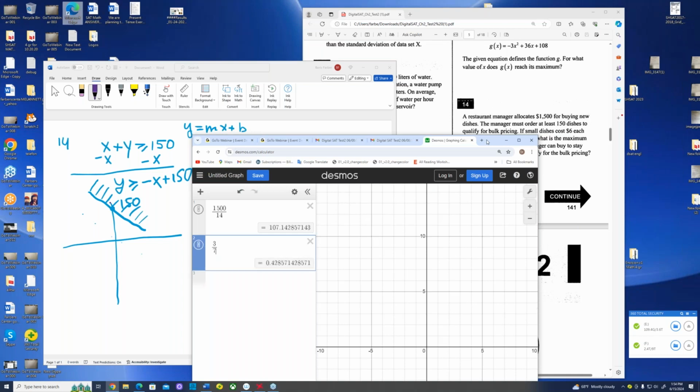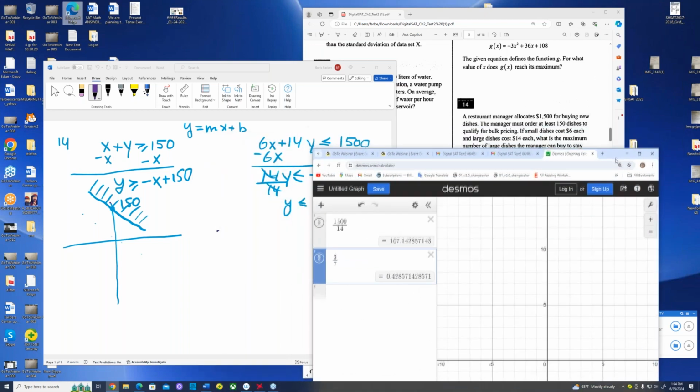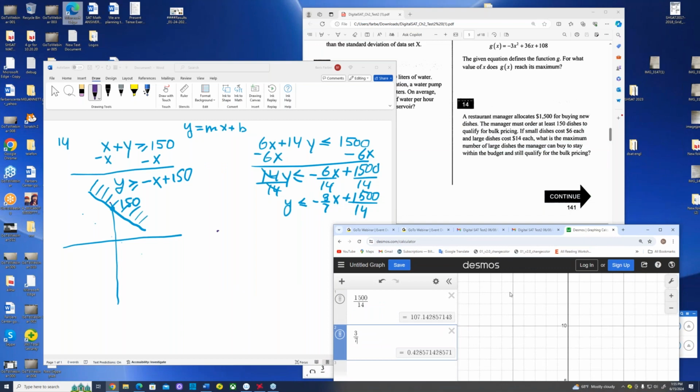Okay. Equals 0.43. Let me put it this way. I will write these two inequalities.